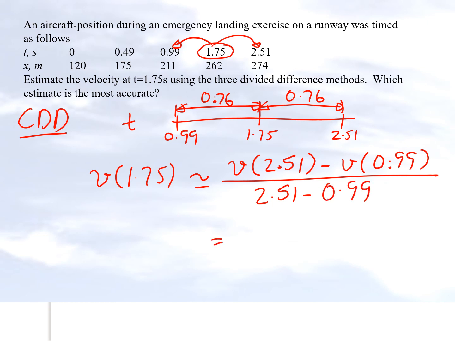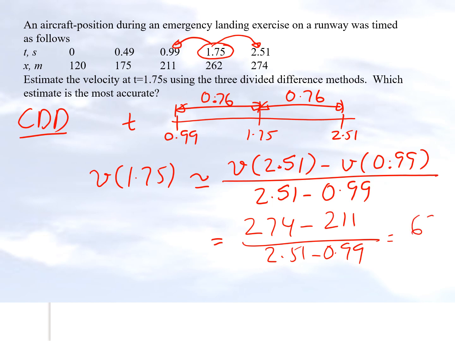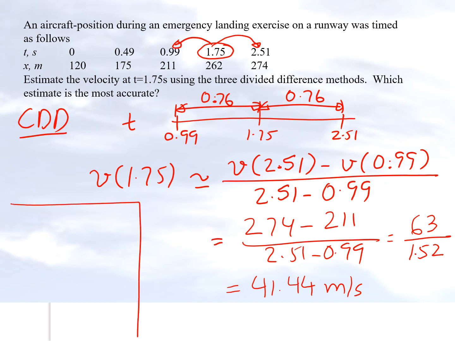So here we get 274 minus 211, divided by 2.51 minus 0.99. That is 63 divided by this quantity right here, and we get 41.44 meters per second.